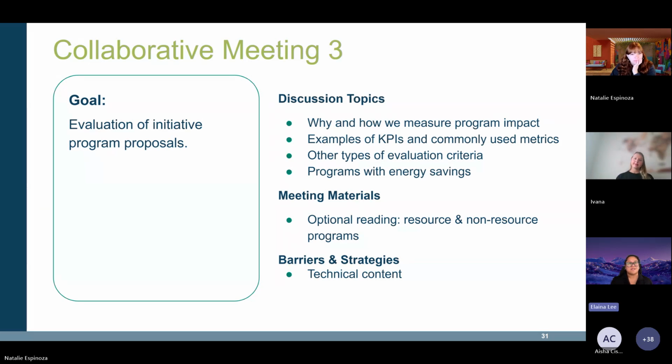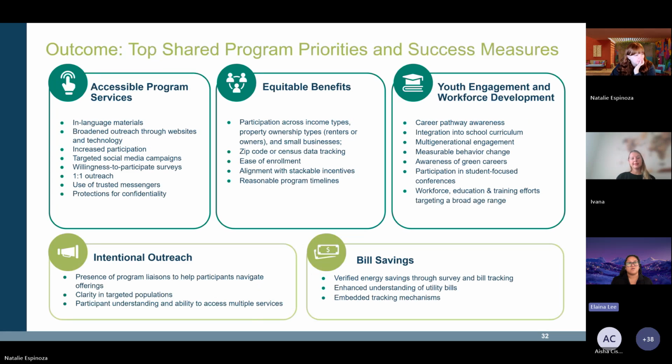And so I'll share in the next slide what were the key program priorities and success metrics that came up. The top row here, accessible program services, equitable benefits, youth engagement, and workforce development were the top impact areas that the CBOs wanted to see their programs touch.